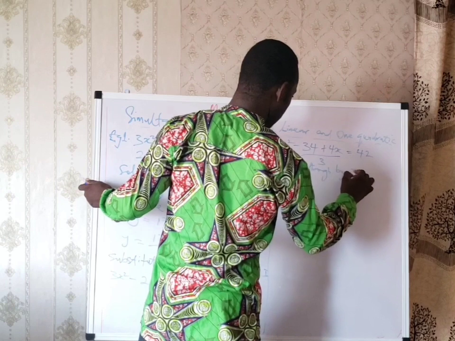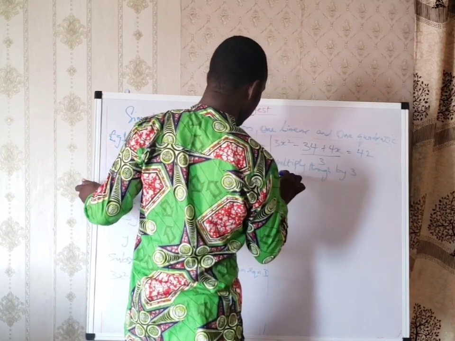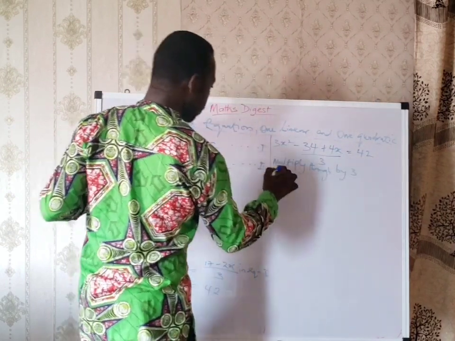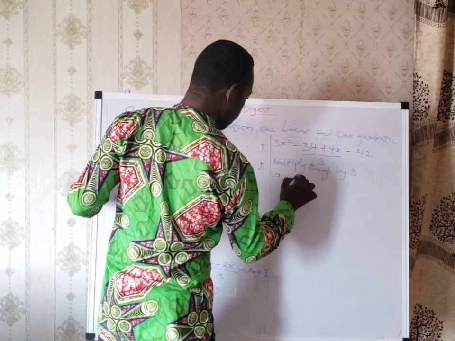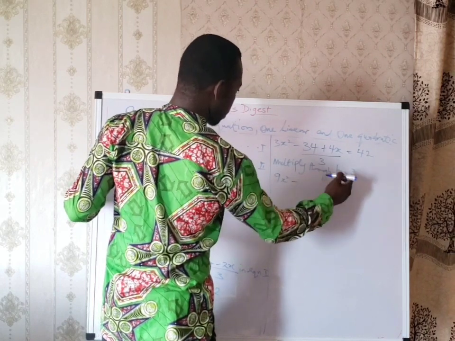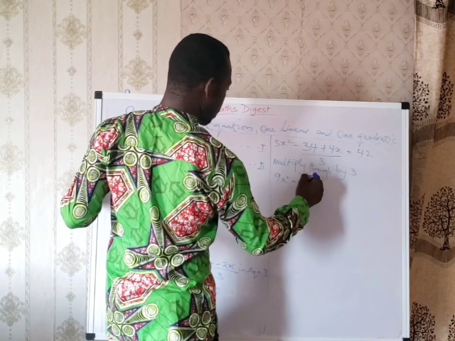by 3. So with this we have 3 times this will give you 9x squared minus, this 3 will cancel this, okay.